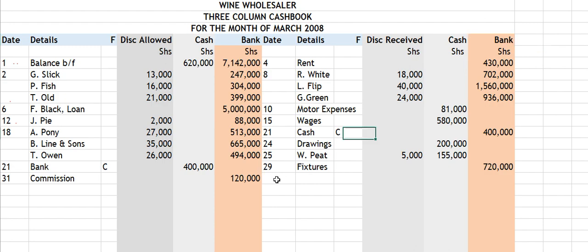So I'll insert the balancing figure on the credit side, that is the smaller side. So that is balance carried down. We do the balancing at the end of the period. So I'll come and put my totals here.